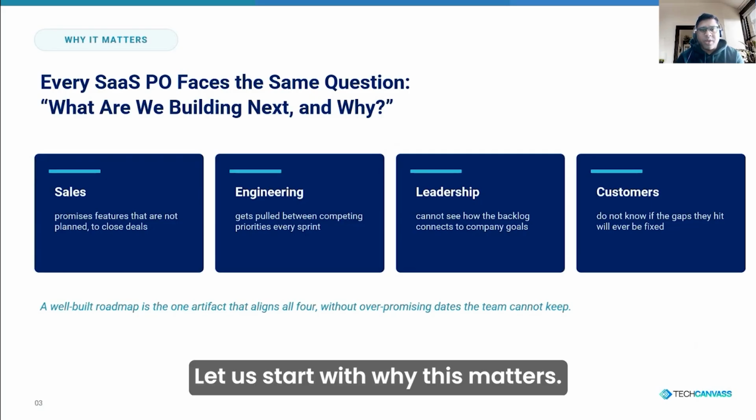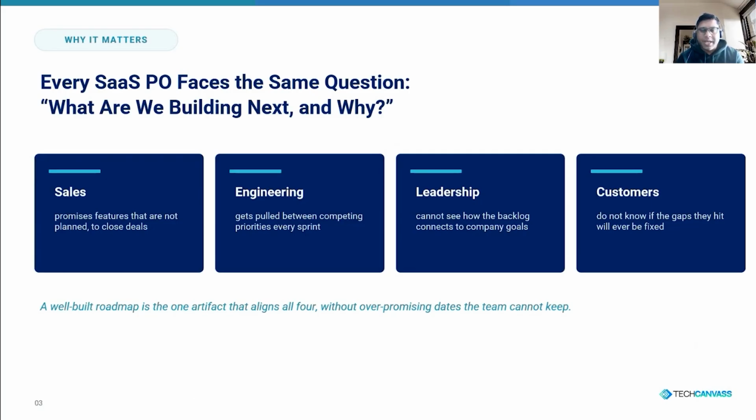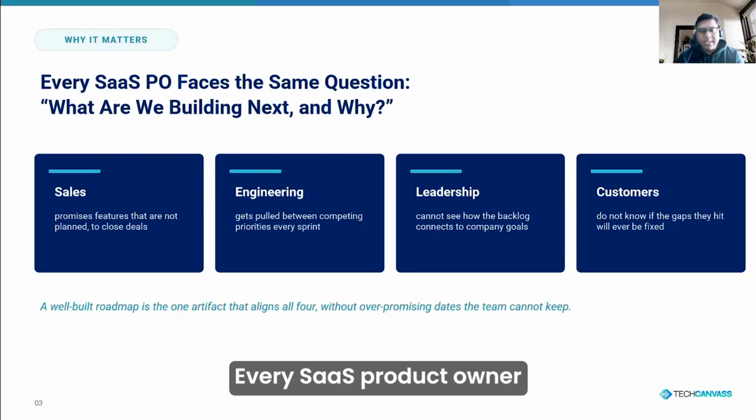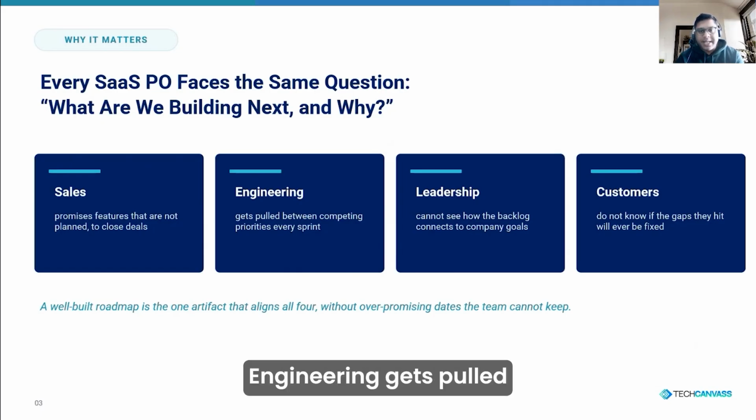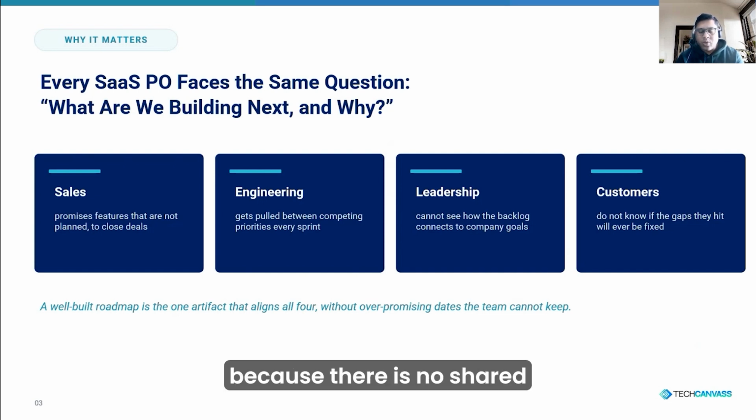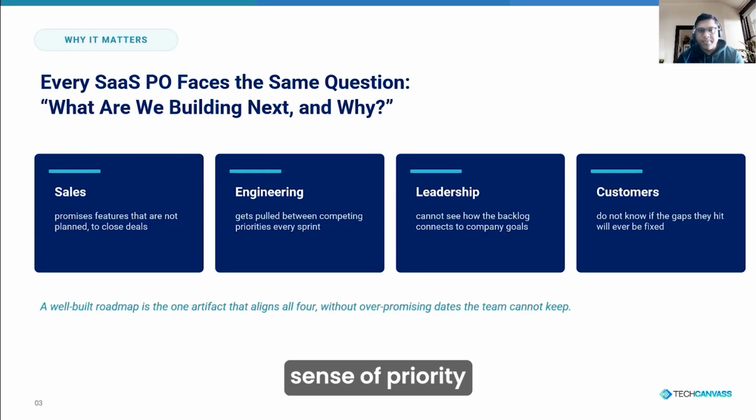Let us start with why this matters. Every SaaS product owner runs into the same problem. Sales promises features that were never planned just to close a deal. Engineering gets pulled in different directions every sprint because there is no shared sense of priority.